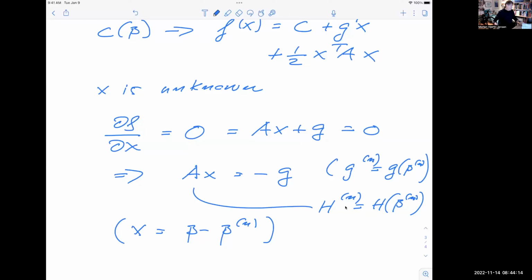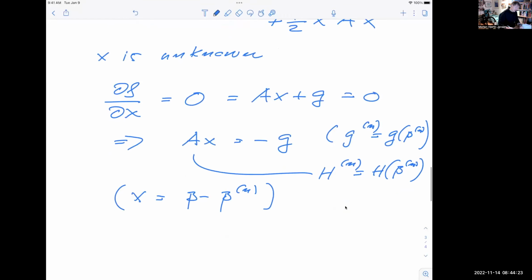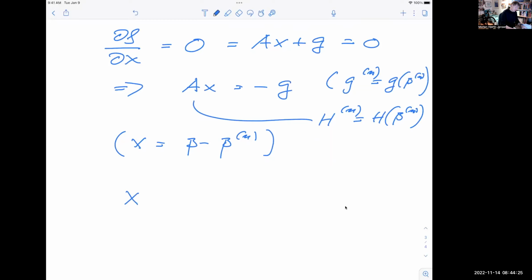When we are solving this specific equation, if we can invert the matrix, then we know that x is equal to A inverse times g. That's just a standard linear algebra problem.